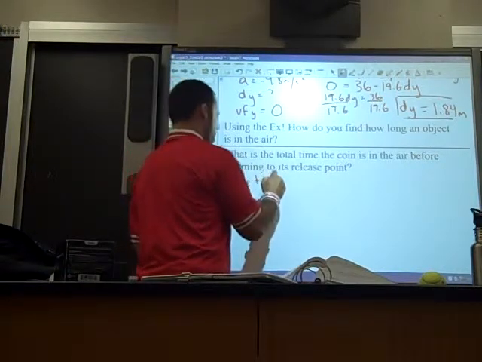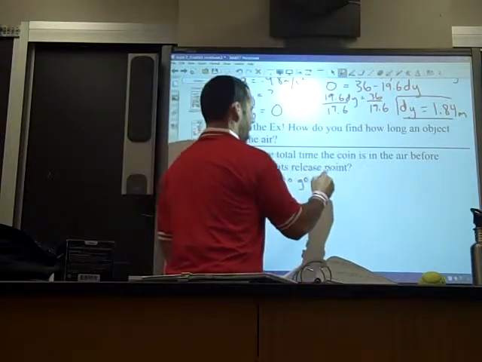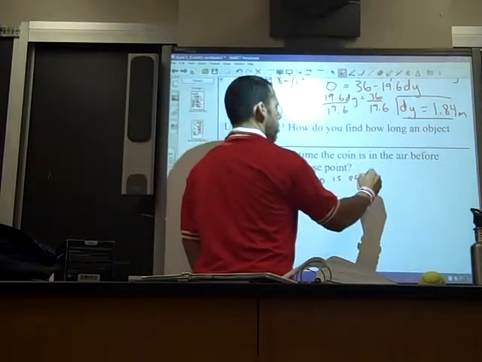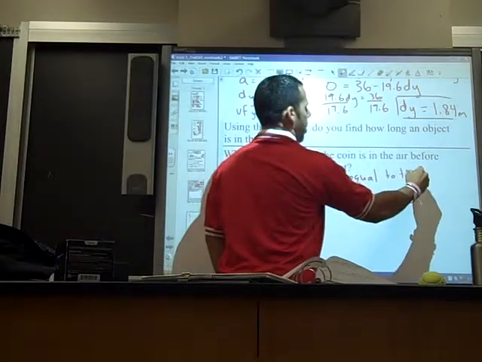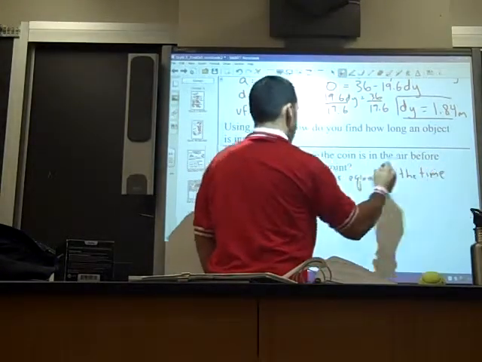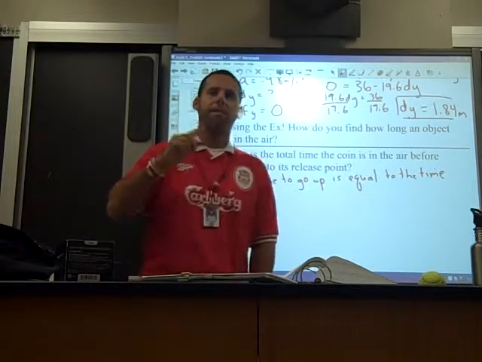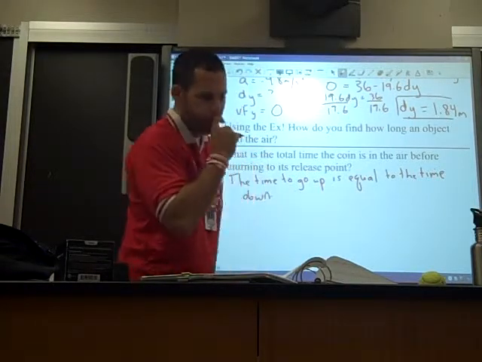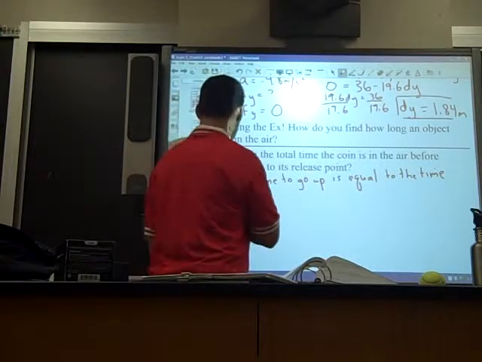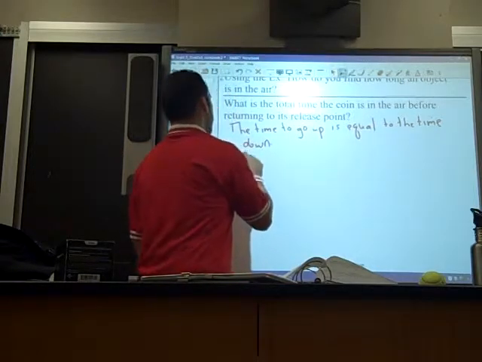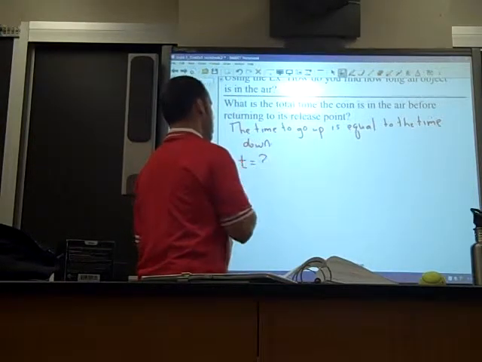Let's just state that the time to go up is equal to the time down. So we know we're going to find half of the time here. Which are we looking for? So t equals question mark.